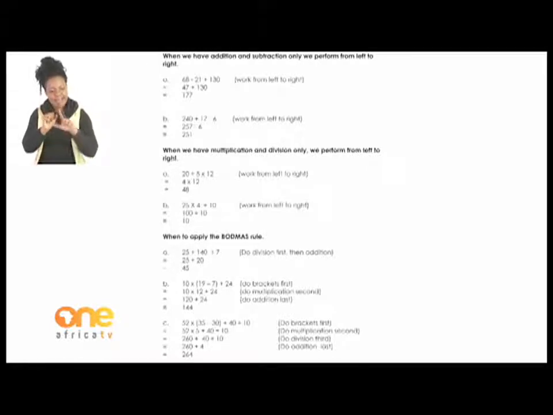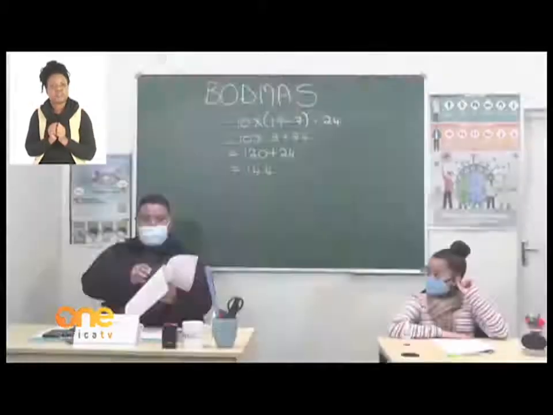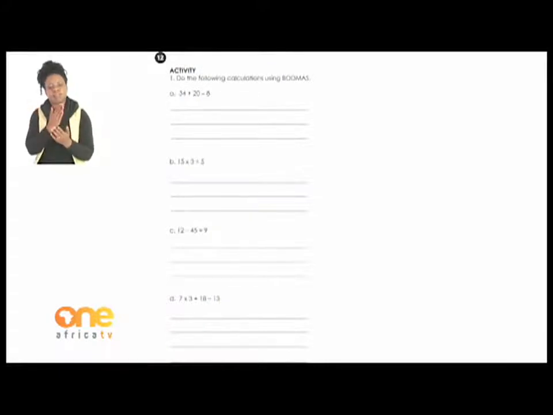And now we can turn to page 12, where we have a very nice activity for you guys to do. Now let's go through our activity. It says, do the following calculations using BODMAS. A, 34 plus 20 minus 8.